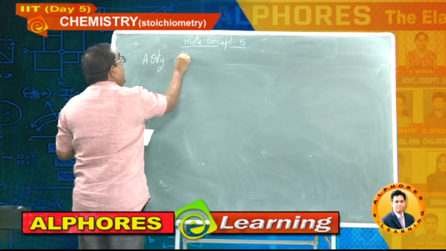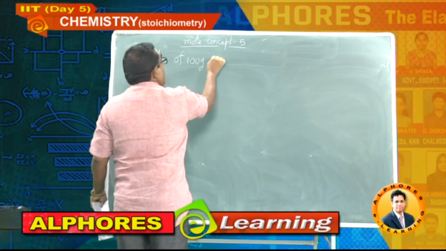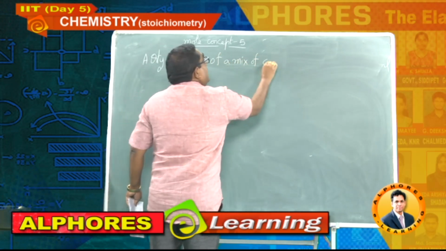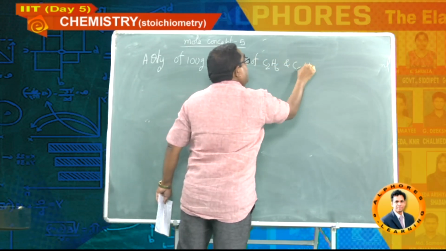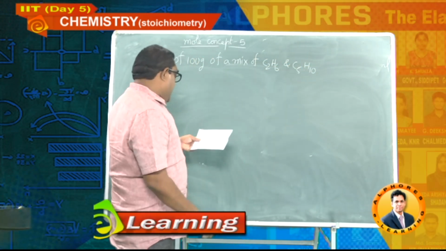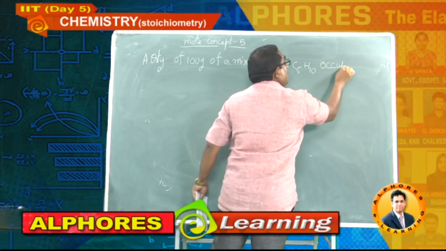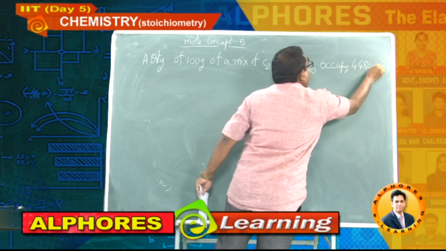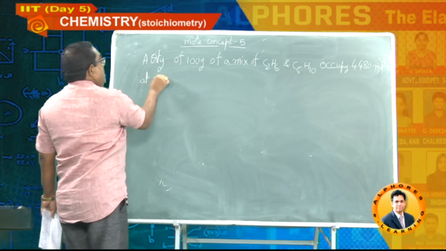A quantity of 100 grams of a mixture of C2H6 ethane and C5H10 pentane gases occupy 4480 ml at STP.